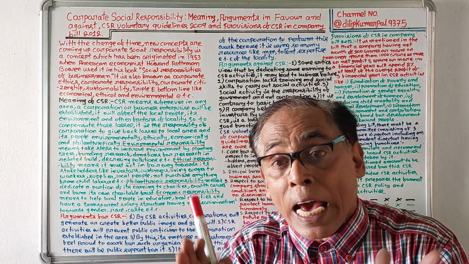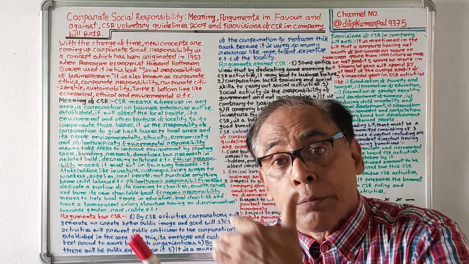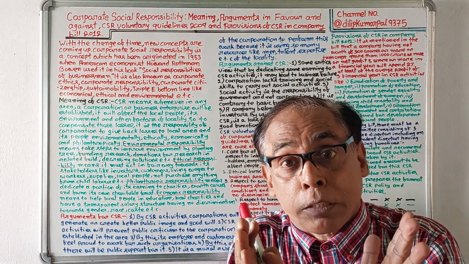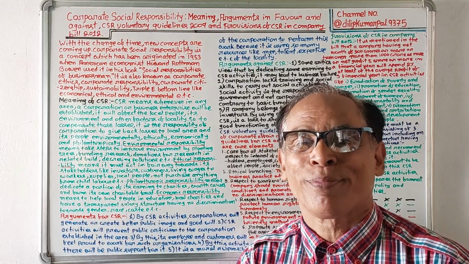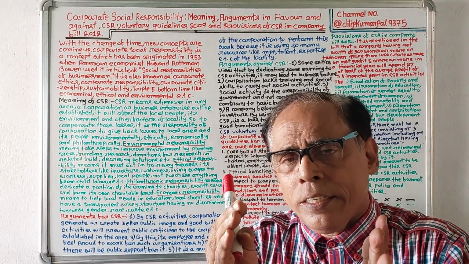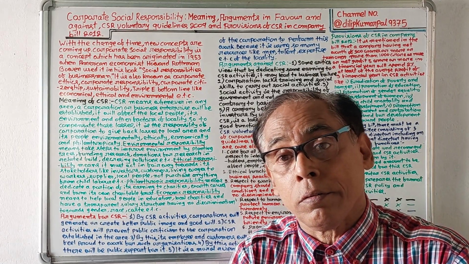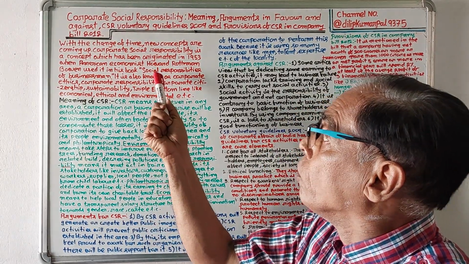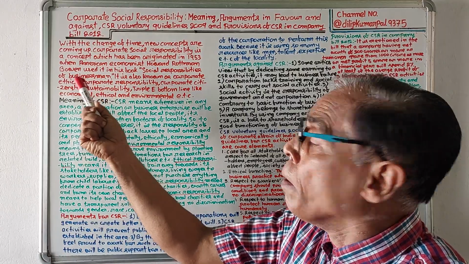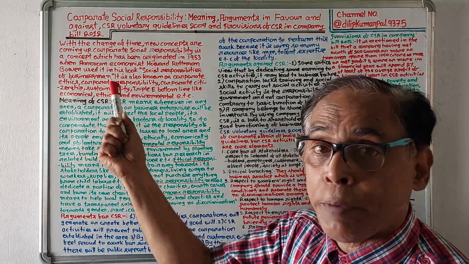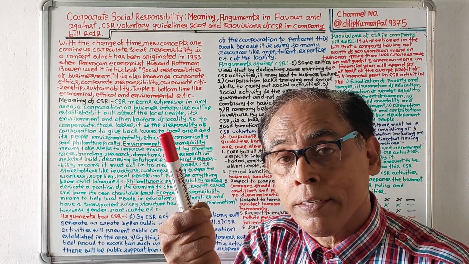With the change of time, new concepts are coming up, and corporate social responsibility is a new concept. It originated in 1953 when American economist Howard Rothman Bowen mentioned CSR in his book Social Responsibility of Businessmen.